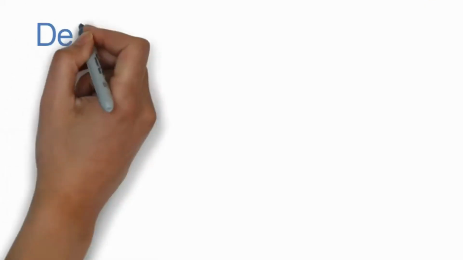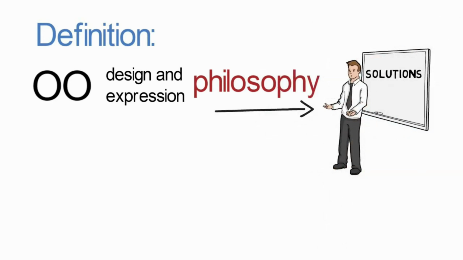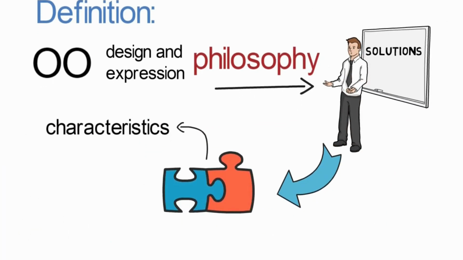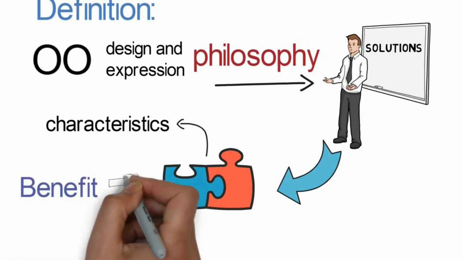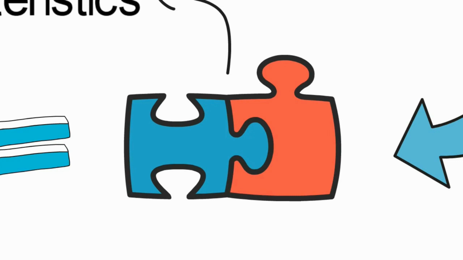So, what is it? Object orientation is a design and expression philosophy that enables you to depict solutions in such a manner that it consists of components that have certain characteristics. The idea is to reap benefits from this plug-in, plug-out capability of objects. Each component must be able to contain the change effect within itself.